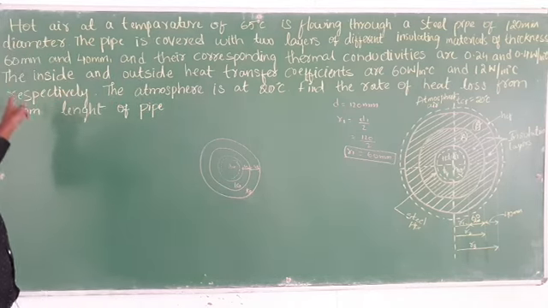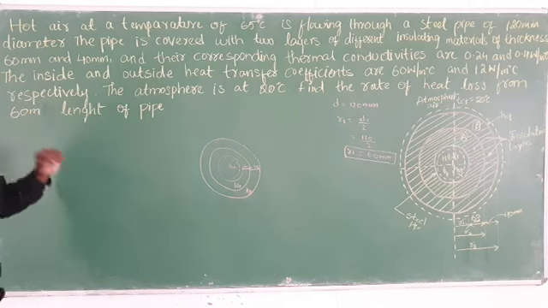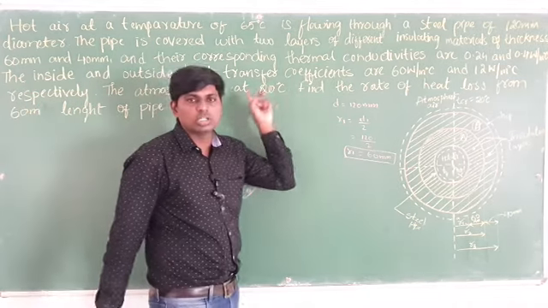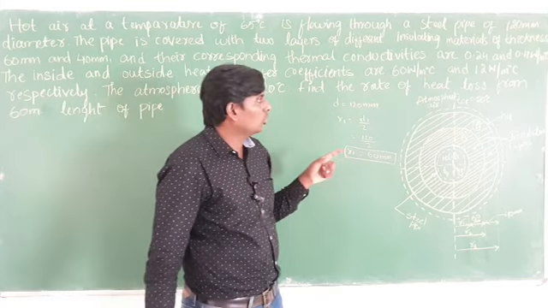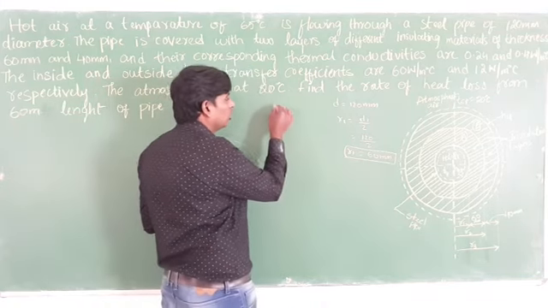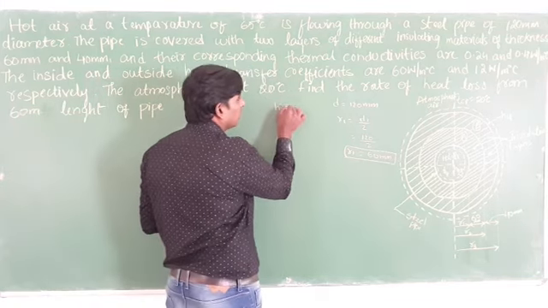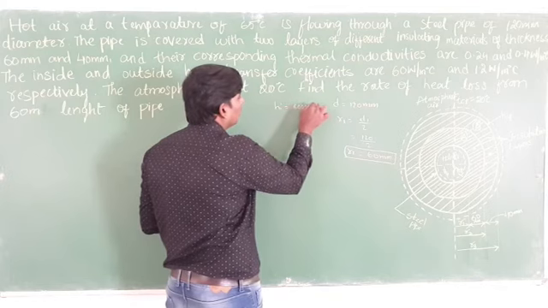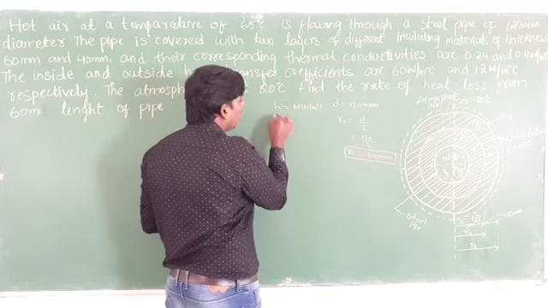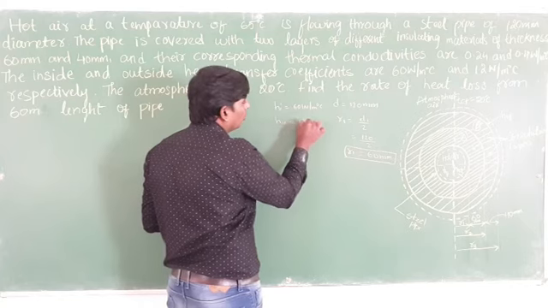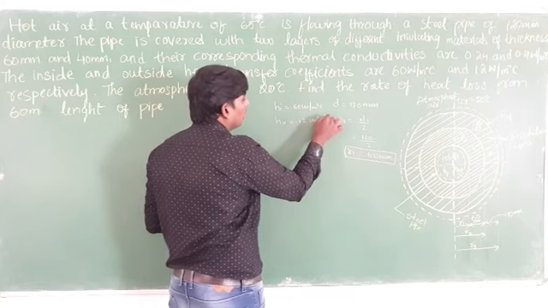The inside and outside heat transfer coefficients, this is introduced for the first time. Heat transfer coefficient is designated with Hi and Ho. Hi is equal to 60 watt per meter square degree centigrade and Ho is equal to 12 watt per meter square degree centigrade.